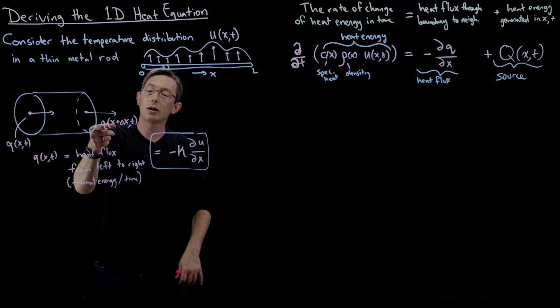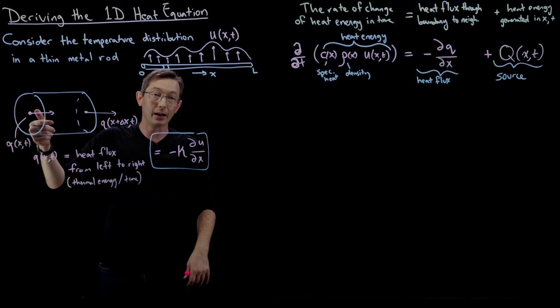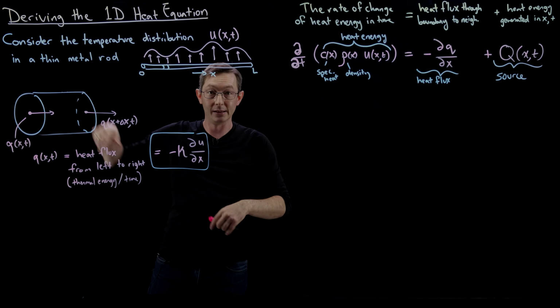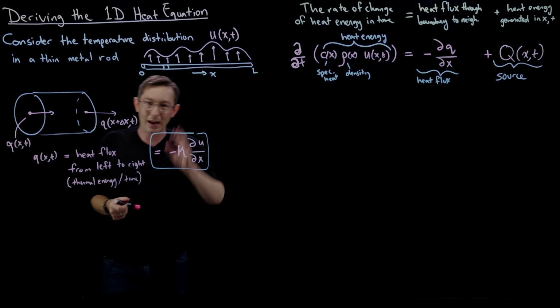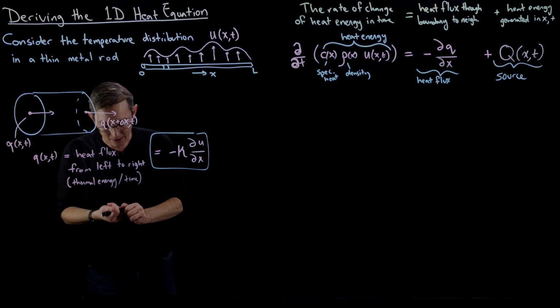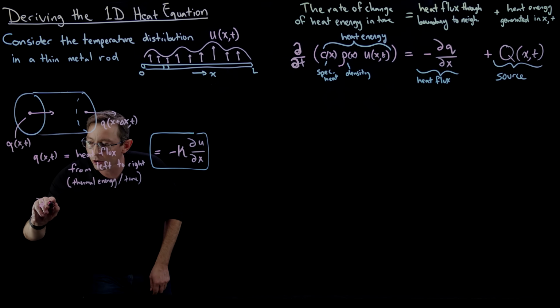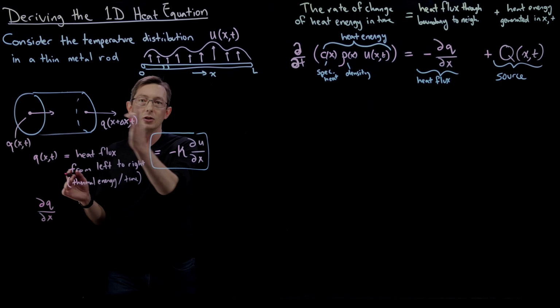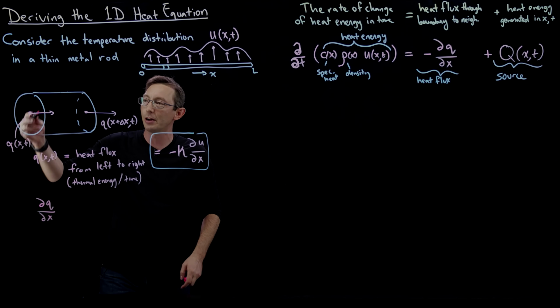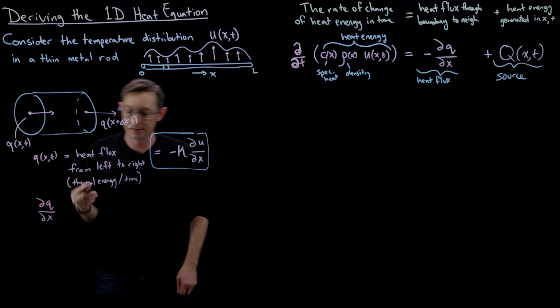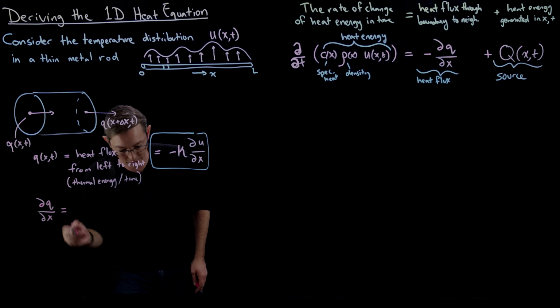If I have more heat flux leaving than entering, I should have a net rate of change decrease in the total heat energy in this volume. And it's always a pain for me to get this sign right. But basically what we are computing is this partial Q partial x. The gradient of this Q heat flux tells me roughly if heat is on average entering or leaving this little infinitesimal volume.